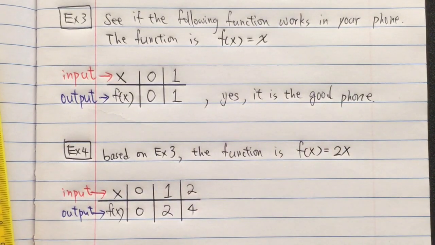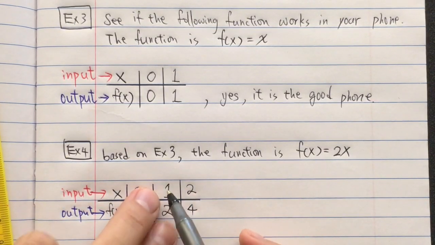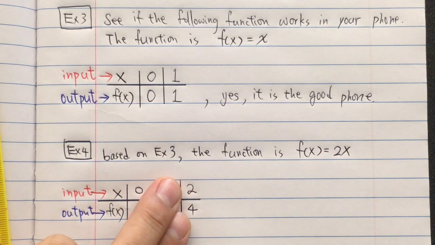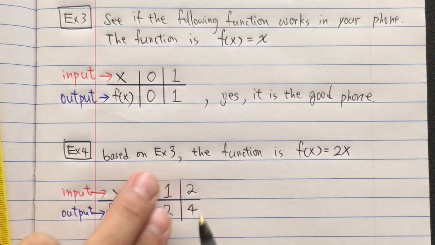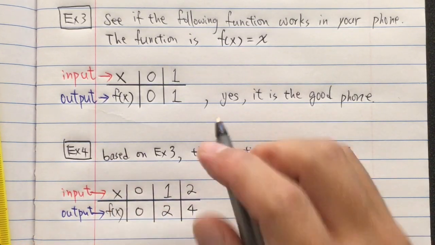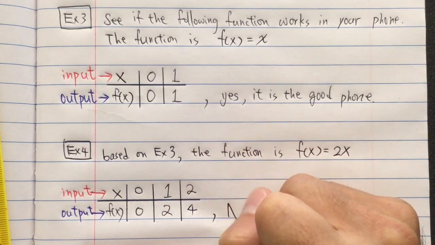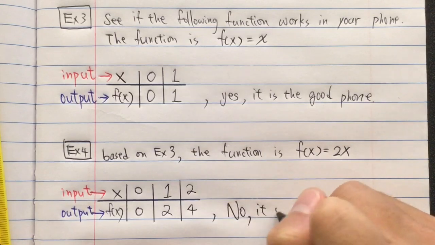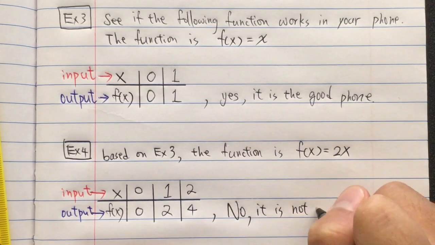Is this a good phone? Think about it. If you input 2 and the output is 4, do you like the phone? No, something is wrong, right? If you input 1 but the output is 2, no, this is not a good phone.